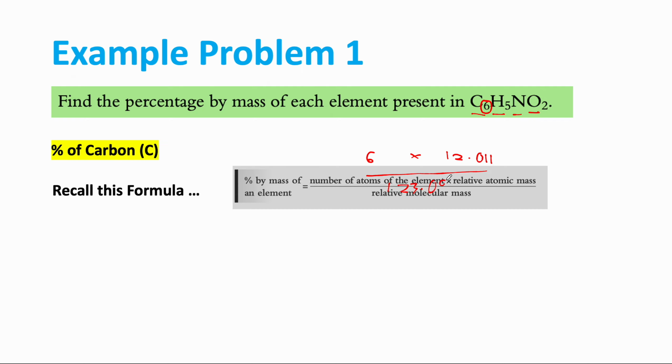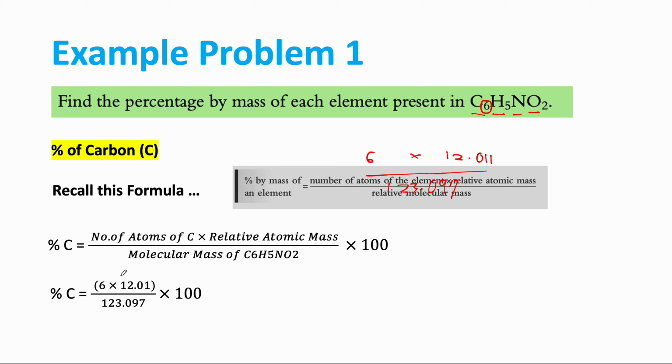So it's the number of atoms of C, which is 6, times the relative atomic mass of carbon, which is 12.011, over the molecular mass of this entire compound, which is 123.097. Then multiplied by 100, and the reason we multiply by 100 is because we're finding percent. The percent of this is 58.53% if you do this calculation.